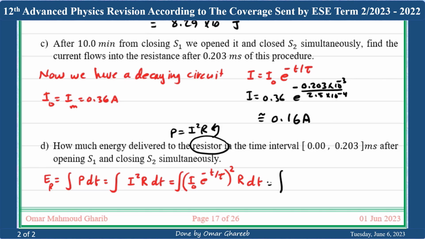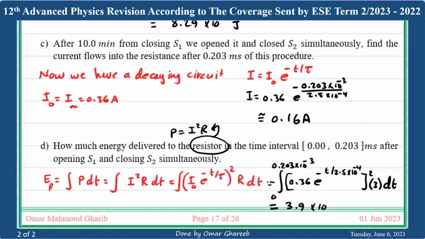Put the numbers here from 0 to 0.203 millisecond. I0 is 0.36, e to the minus t over 2.5 times 10 to the minus 4, and we want to square all of this, multiply by the resistor, which is 3, times dt. Use your calculator to find the answer. It would be 3.9 times 10 to the minus 5.